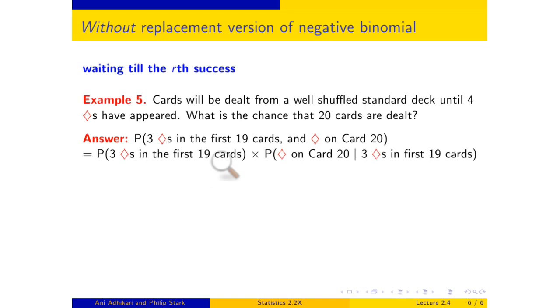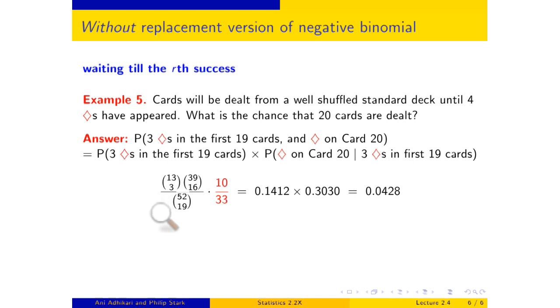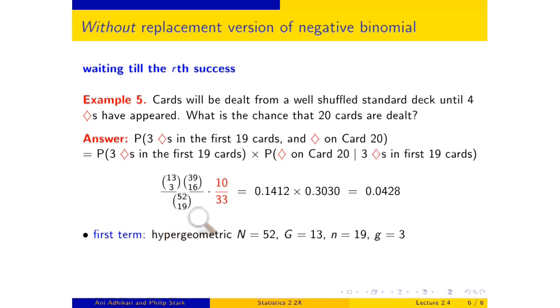What is the chance of getting so many successes? So the answer looks like this. You have one hypergeometric term followed by a fraction, and let's see what those terms are. So this first term is the chance of getting 3 diamonds in 19 cards dealt from a randomly shuffled deck.